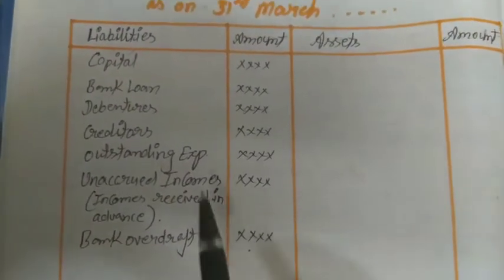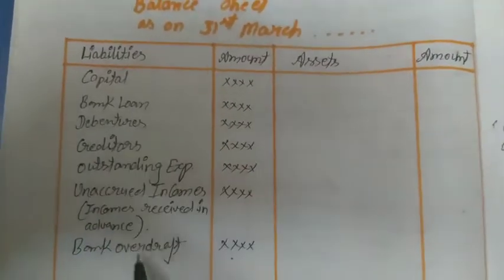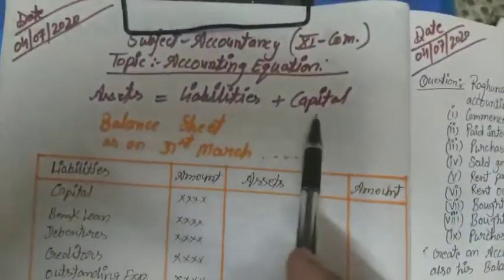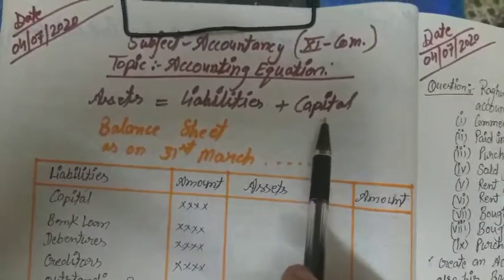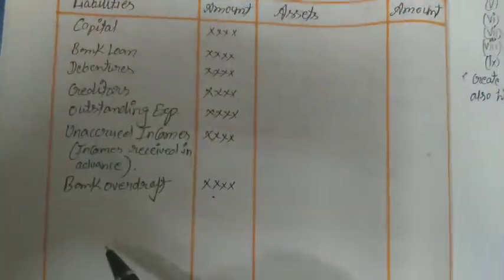This type of liability and the capital, all these transactions will come under the liability side.